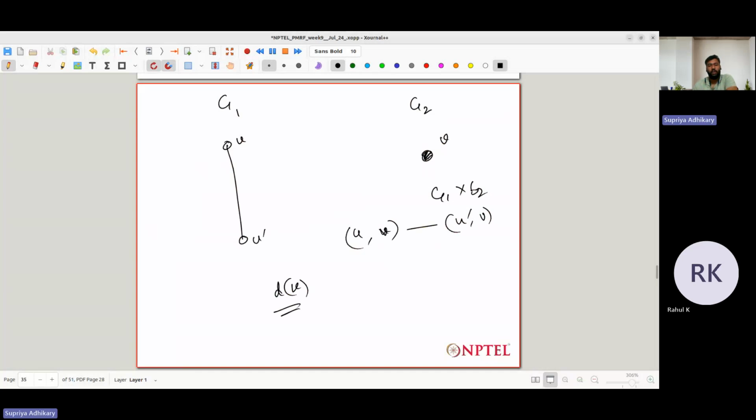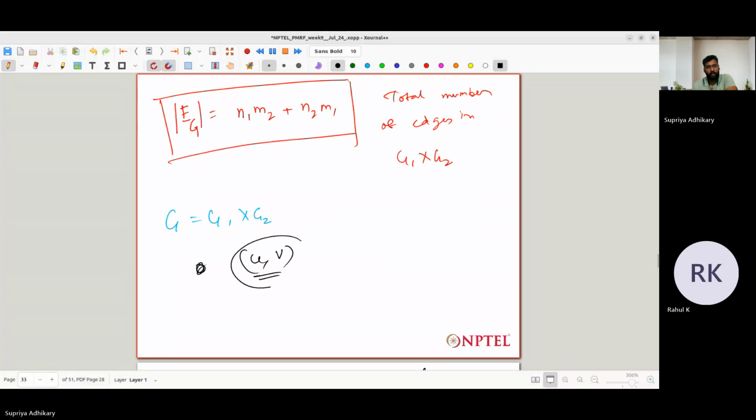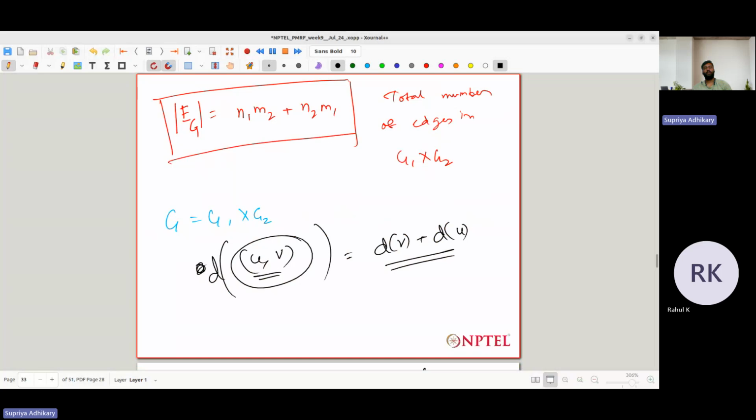So the total number of edges adjacent to this vertex UV is nothing but the degree of V plus the degree of U. Sorry, the degree of UV should be the degree of V plus the degree of U.